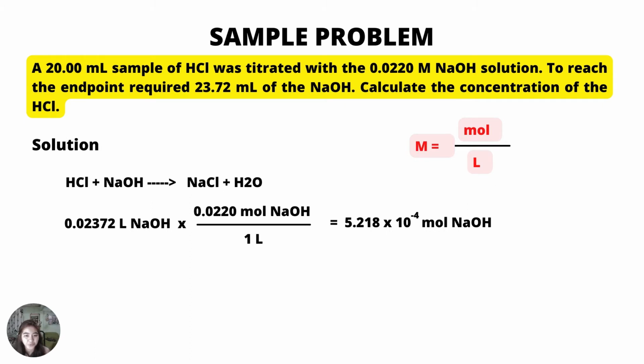So we have to find the moles of the known solution. To find the moles of the known solution, we have to multiply the volume by the molarity or the concentration, so that we can get the moles of sodium hydroxide, the known solution.